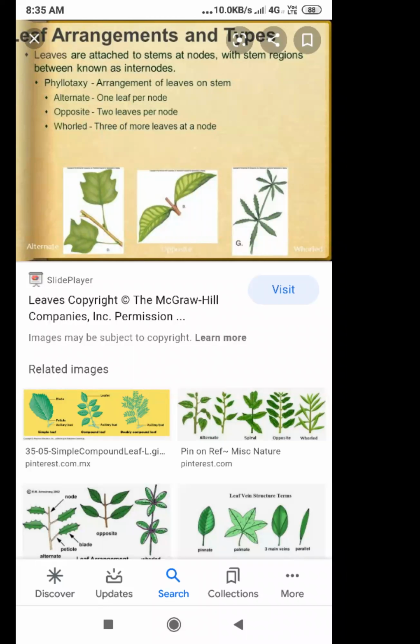Then opposite phyllotaxy: if two leaves are present at a node in opposite directions, north and south, then we call it opposite phyllotaxy.